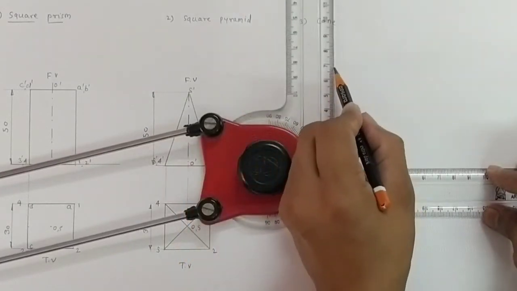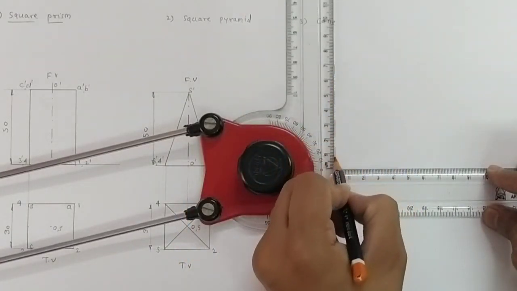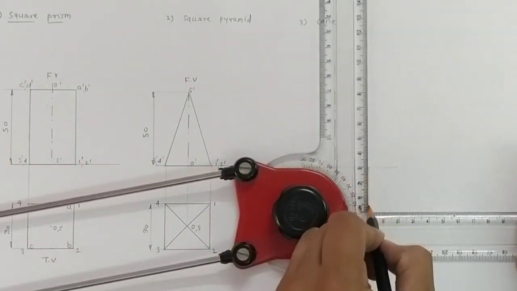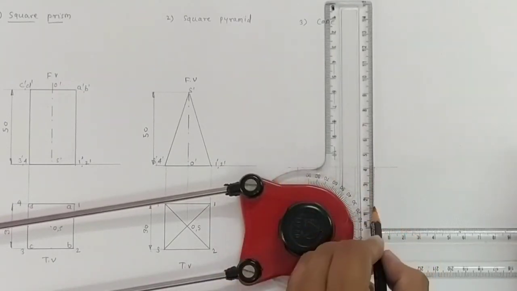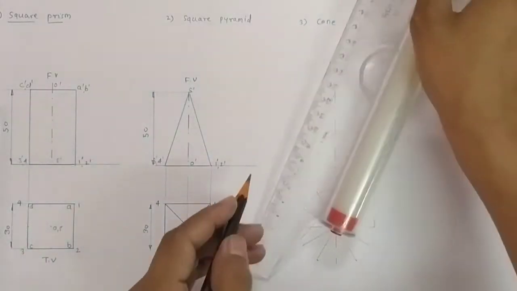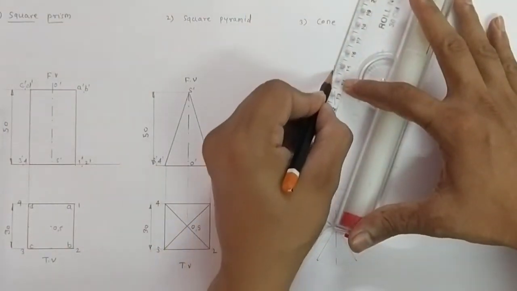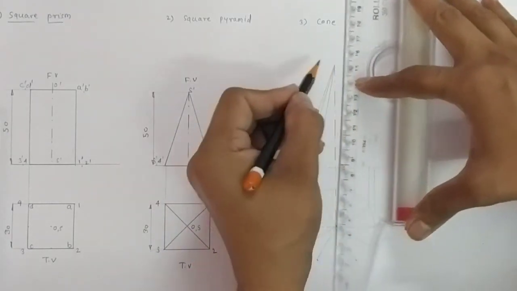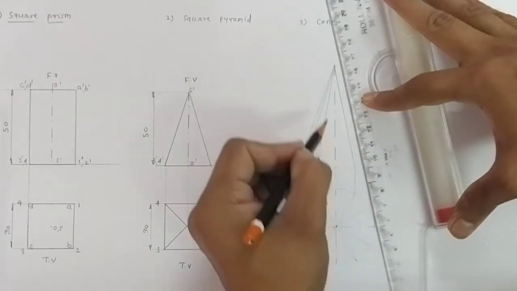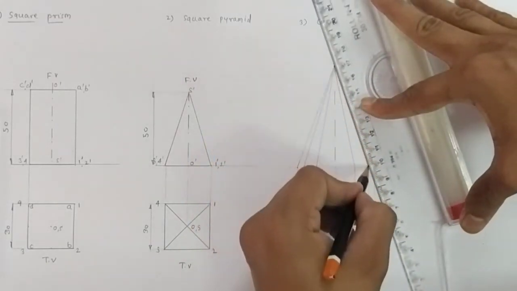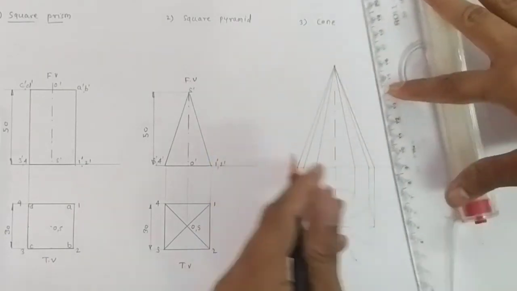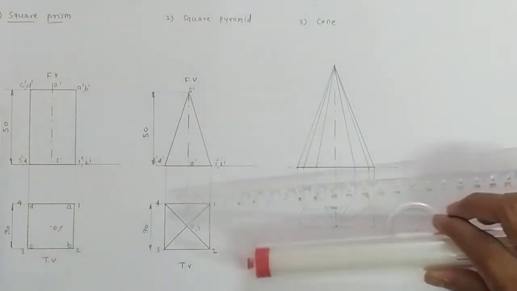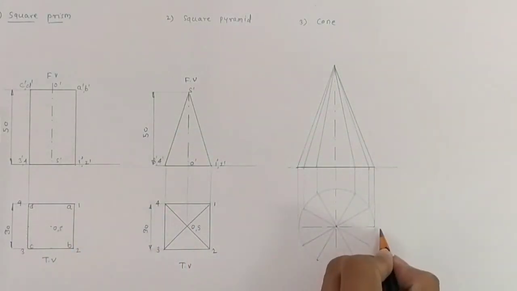Axis is given. So this is the simple position of the cone when a point on the circumference is resting on HP. Give the names and dimensions.